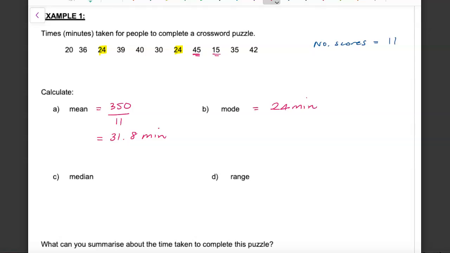Now the median is putting all of those numbers in order. So I'm just going to reorder them at the top, writing them underneath the original one so I know that I don't exclude any of those 11 and I make sure I have them all. Writing them in ascending order from smallest to largest.